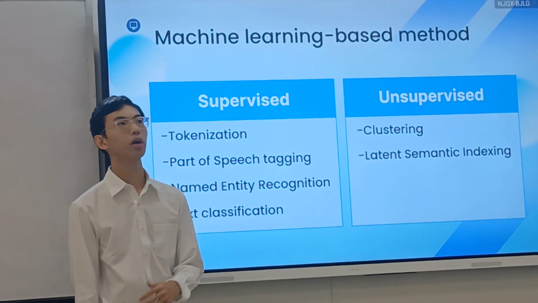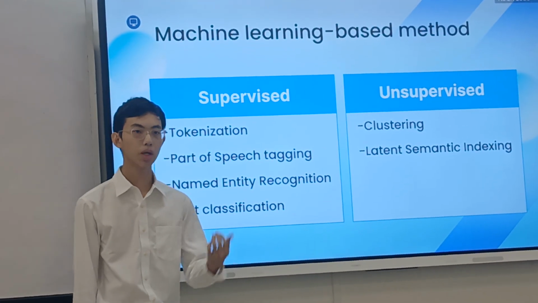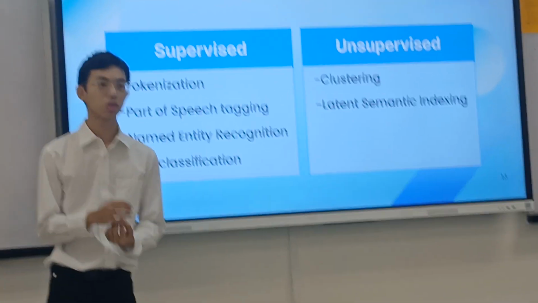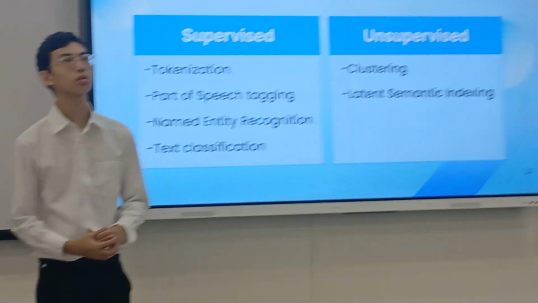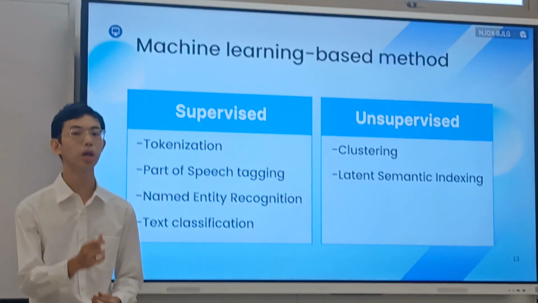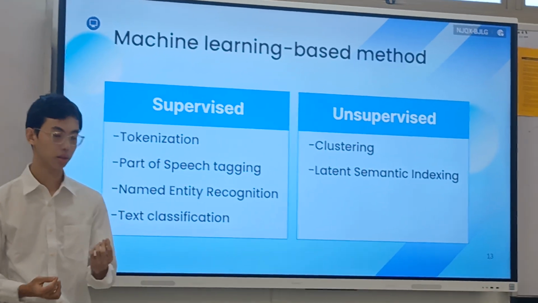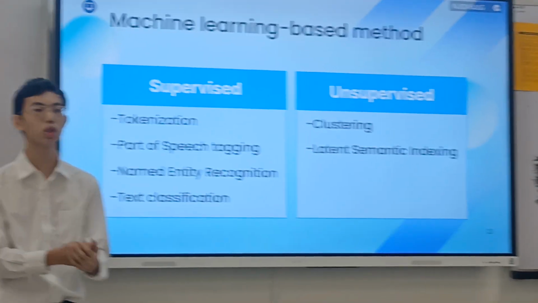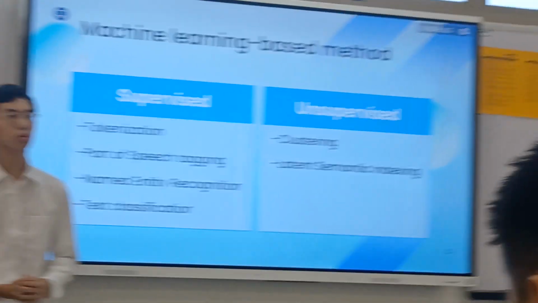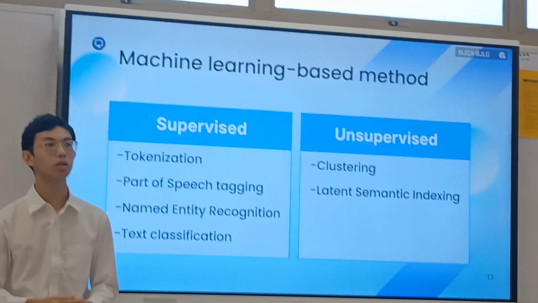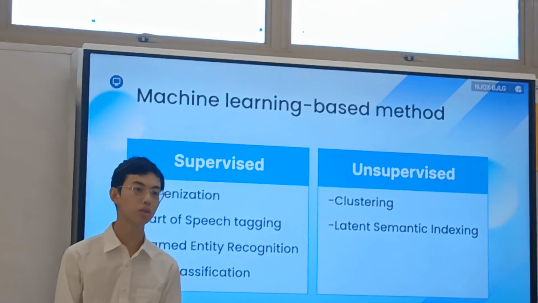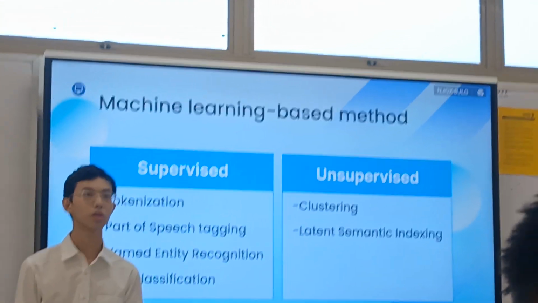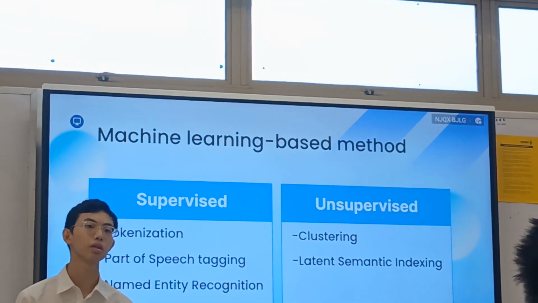Machine learning can be divided into types, supervised and unsupervised. Supervised machine learning learns from input and output, like question and answer. You ask a question, and you get back the correct answer.